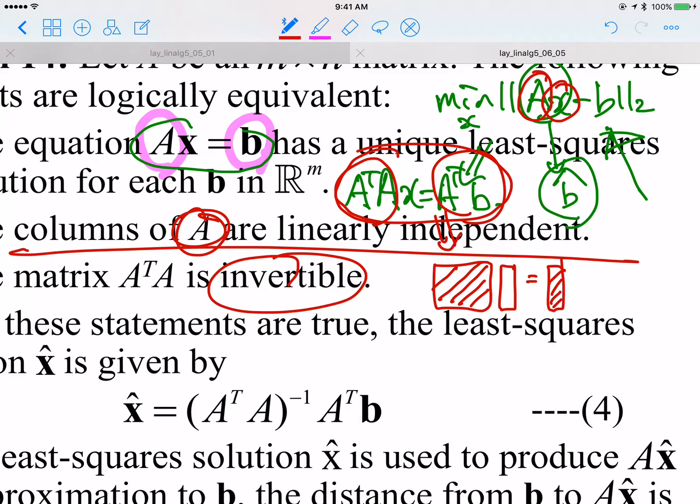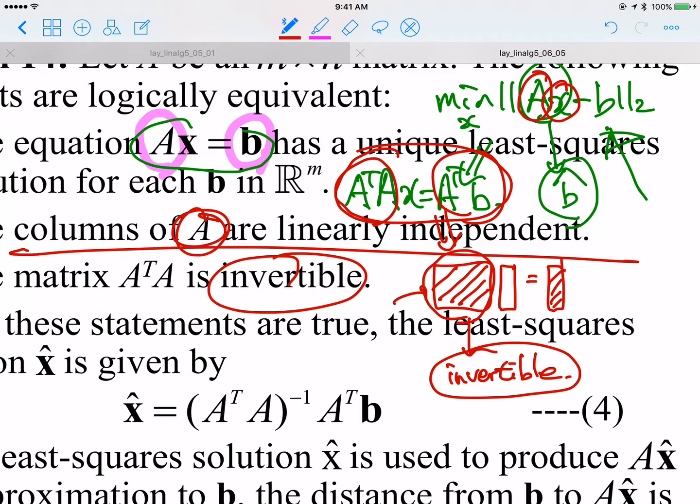It's when this part is invertible, which means that if our matrix is a square matrix, invertible is the same as having linearly independent columns, right? And also each row has a pivot, right?